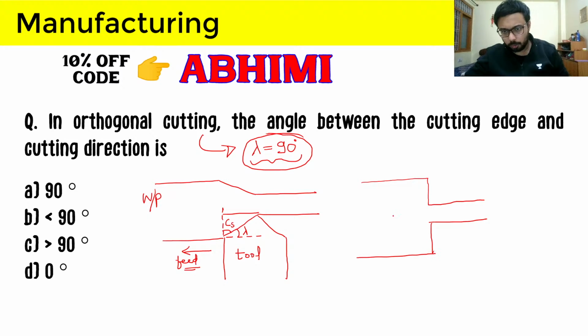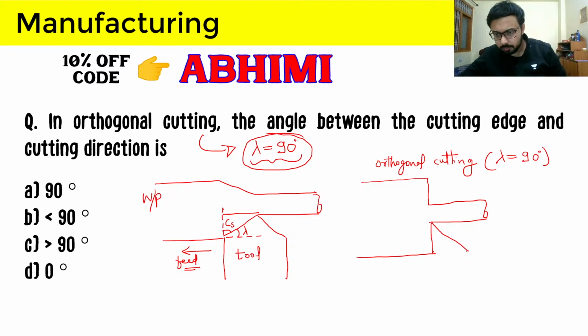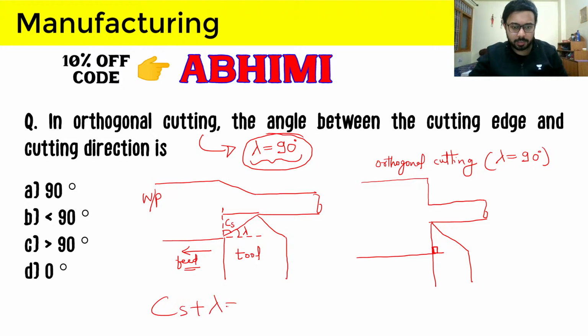So this is for orthogonal cutting, where lambda is 90 degrees. Your tool will now become something like this, and here the side cutting edge angle is coming out as 0 because lambda is 90 degrees, and we know that CS plus lambda, that is the approach angle, gives us 90 degrees.